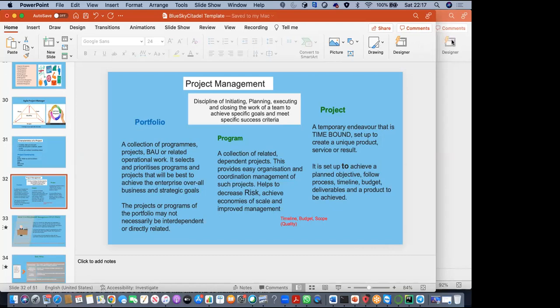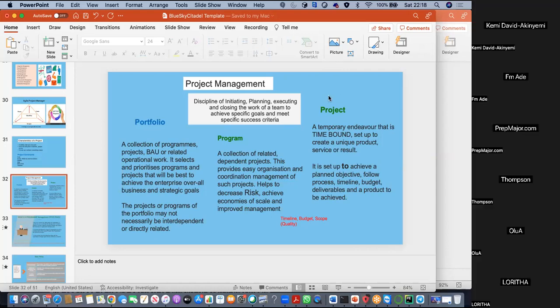Now, the reason why this is important is so that you will be able to know the difference between what we're saying. When we talk about projects, it has a timeline, there are deliverables, and it has budgets. Now, when we talk of a program, just as Kemi said, it's a collection of related, dependent projects.